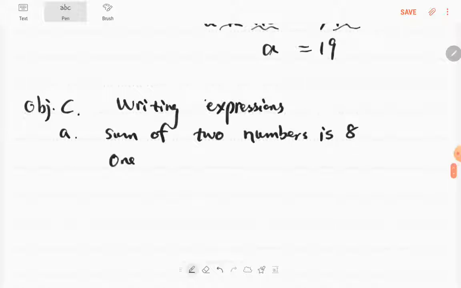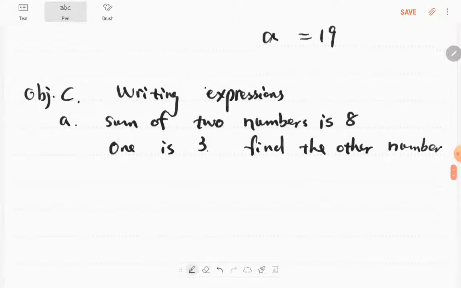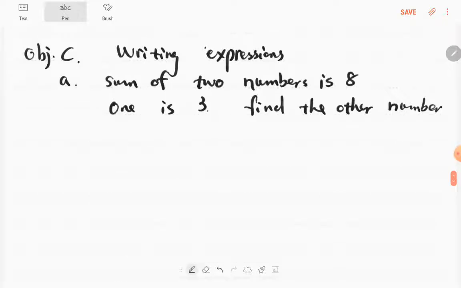One number is 3. Find the other number. We should use an expression to express the other number. So we know the sum of two numbers. So it will be like this one.